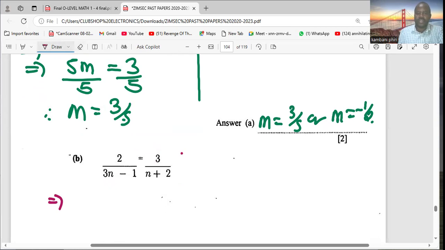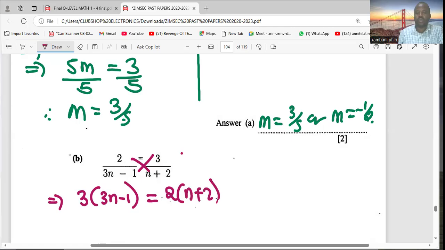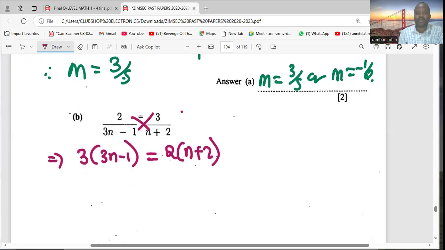Or you can just multiply them like that, meaning that 3 will be multiplied by 3n minus 1. This should give us 2n plus 2. So when we distribute, we have 9n minus 3 being equal to 2n plus 4.